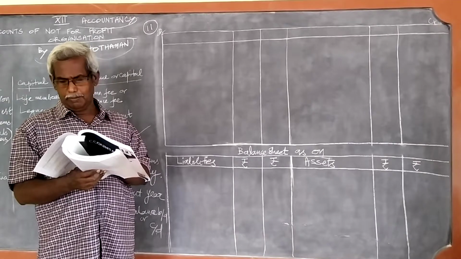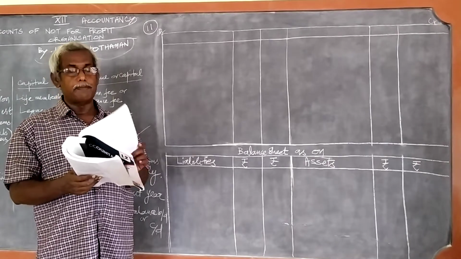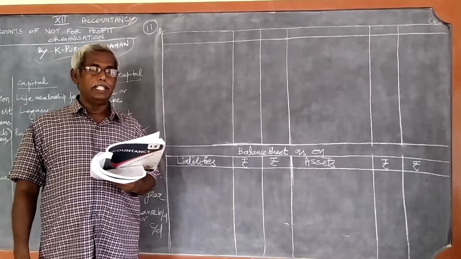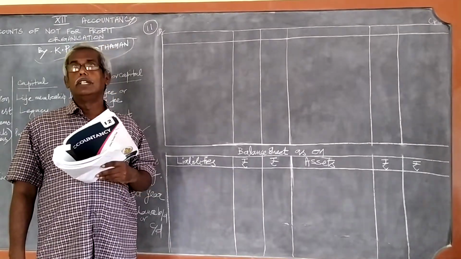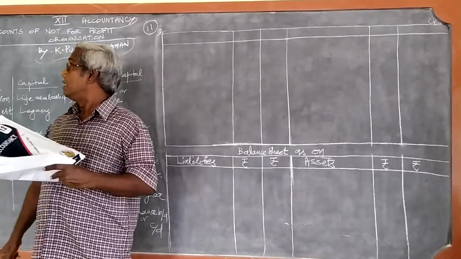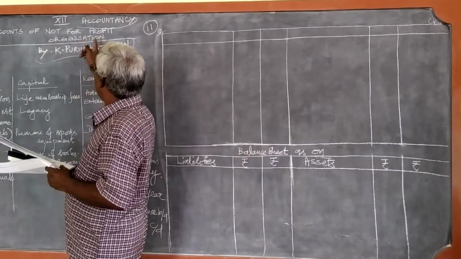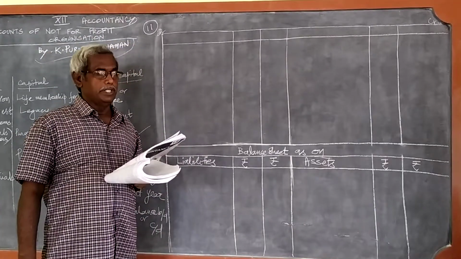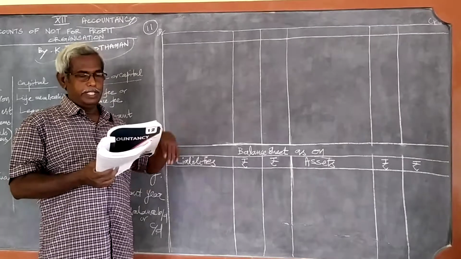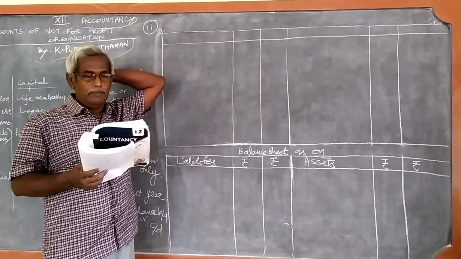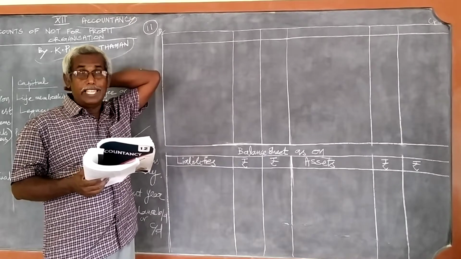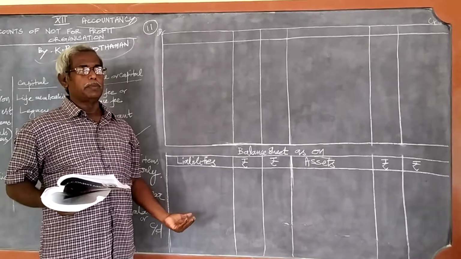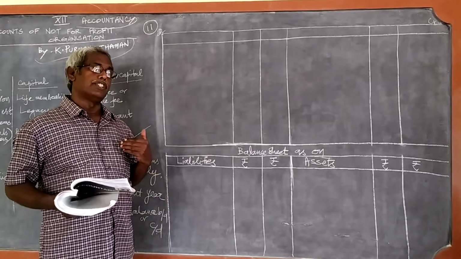It is given in problem number 8. And in problem number 9, how will the following items appear in the final accounts? Final accounts means, in this chapter, accounts of not-for-profit organization, we should prepare income and expenditure account. Likewise, in 10 also, how will the following items appear in the final account? So for 10 also, we prepared income and expenditure account and balance sheet.